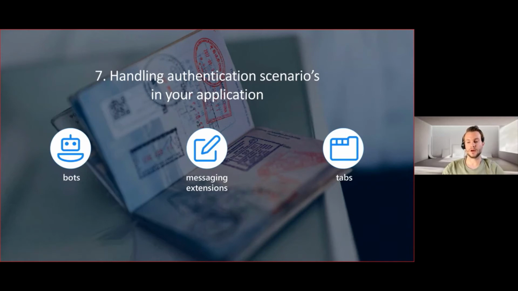So if a user has to authenticate with different credentials than the ones they're logged into Teams with, it's a more complex scenario. You have to use MSAL, the Microsoft Authentication Library, potentially to get that authentication worked out. And then, since a tab can exist for multiple pages, since it's just an iframe in a website, you have to decide whether there are pages that can be viewed unauthenticated and some that can be viewed authenticated.